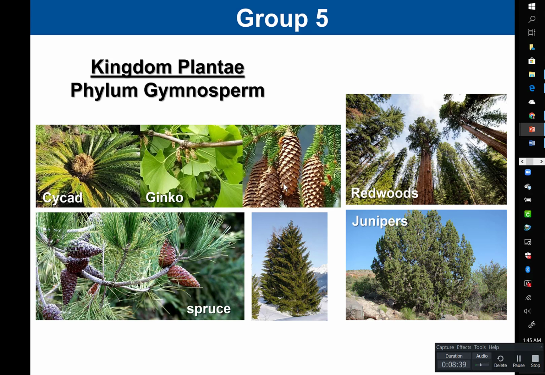They're not enclosed within a fruit. So in the gymnosperms, they have evolved to have seeds. They're still naked seeds, but they do produce seeds. So their shared characteristics: they're vascular, they're seed producing, and they produce cones and naked seeds.